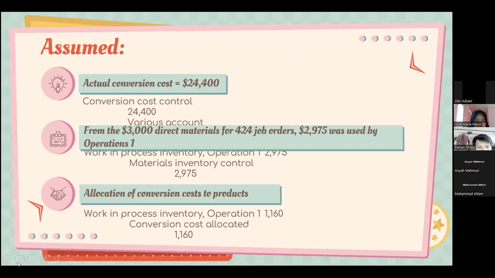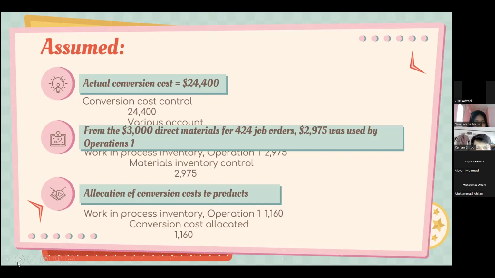And the next assumption is that from the $3,000 direct materials for 4 job orders, $2,975 was used by operation 1. And we can see the journal is work in process inventory for operation 1, $2,975 in debit, and the materials inventory control the same amount in the credit.